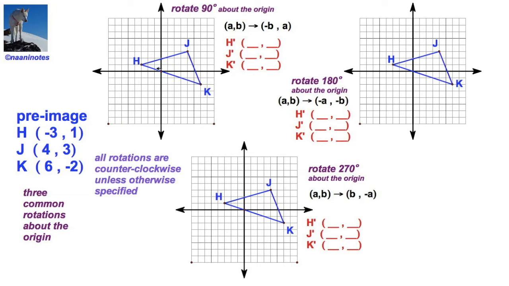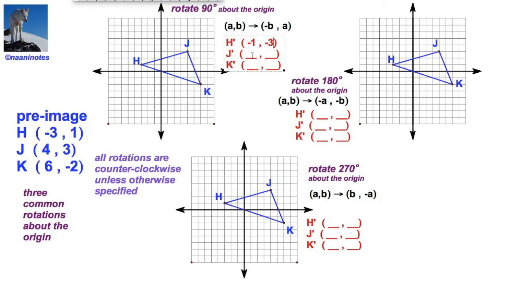I'm going to take the first triangle, HJK, and apply this rule: (A, B) is going to map to the opposite of B, A. So let's take H, (negative 3, 1). Therefore, H prime is the opposite of 1, and the negative 3 remains the same.